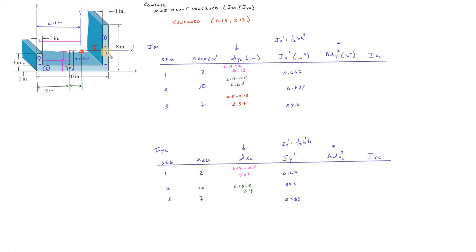And then for the last segment, we're going to be finding this distance right here. So I know I went all the way to 9.5 minus 6.18. Now some of you might be saying, you're subtracting one, you should be subtracting this one. It doesn't really matter at this point. It's just a distance, because in the end we're going to be squaring it anyways. So it's going to be the absolute.